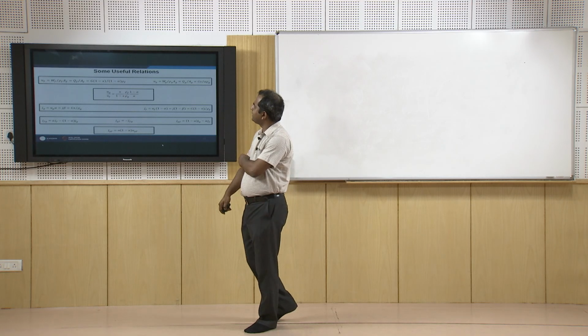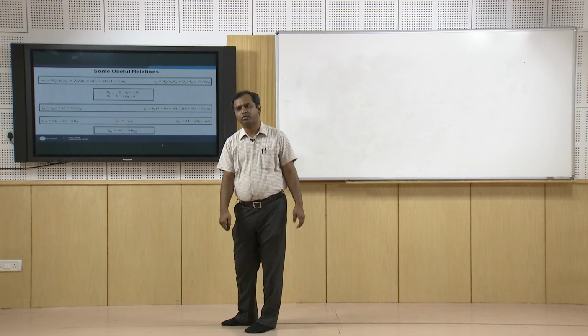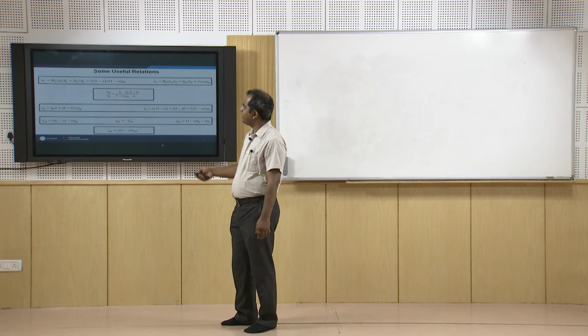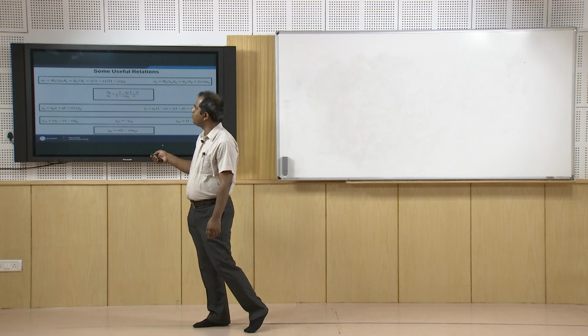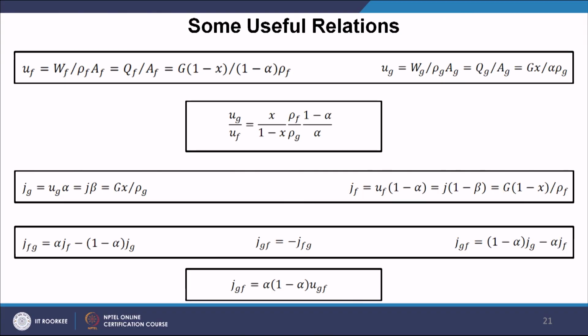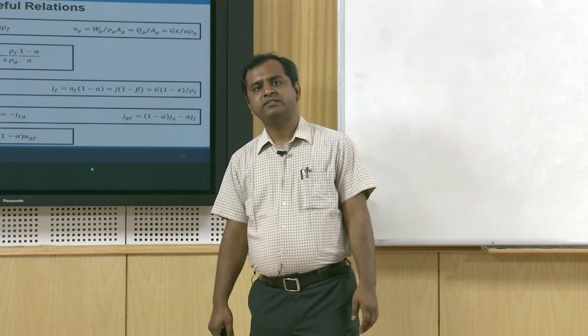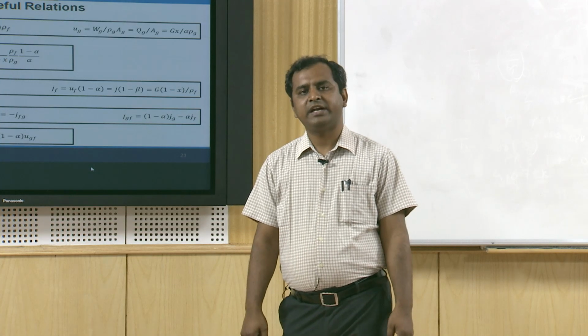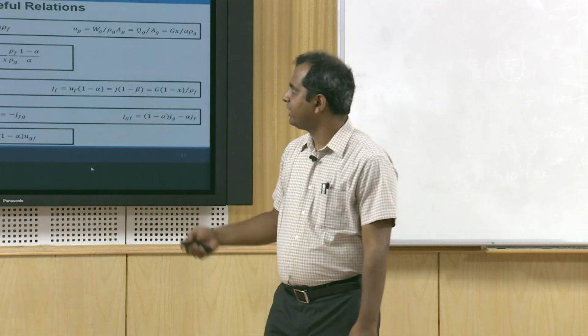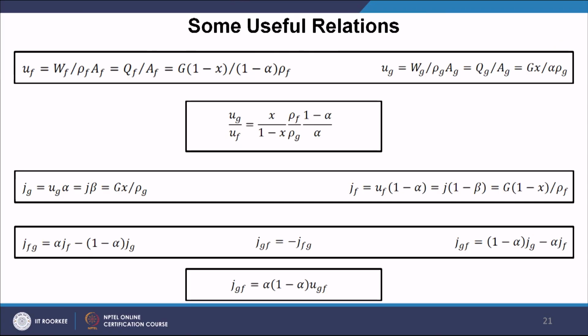Next, let us see some useful relationships for two phase flow. First, let us find the liquid velocity UF. From the continuity equation, UF is nothing but mass flow rate divided by density into area. So, here we have written Wf divided by rho f into Af. Here, Wf by rho f is actually Qf.